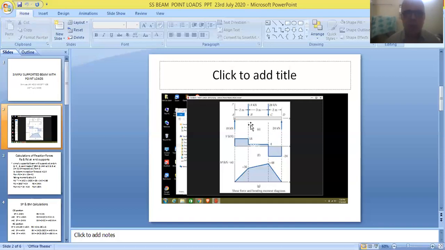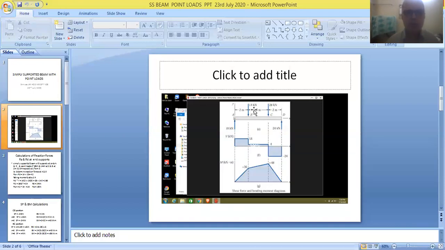Now, as mentioned just now, the distances are already given in the problem. They are very useful for solving the problem and doing SF and BM calculations.